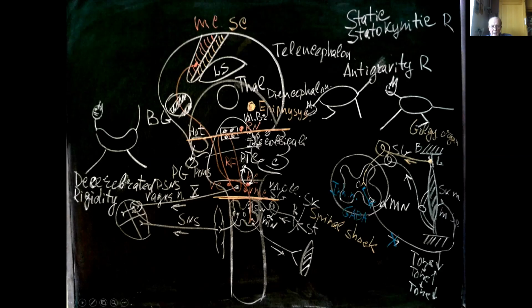In other animals and in human beings, we can't do this cut because death will be immediate. But something wrong may happen with the pyramidal tract. It may be a tumor, an insult, or something wrong.